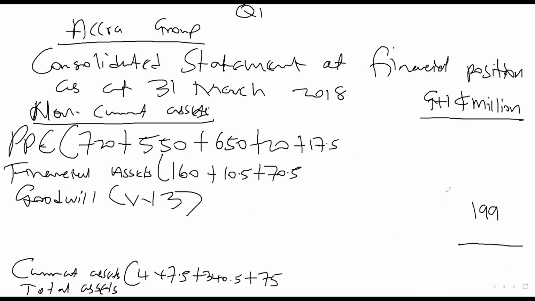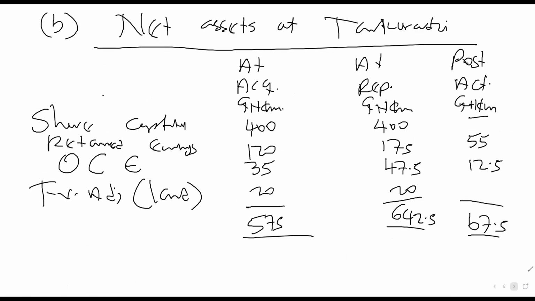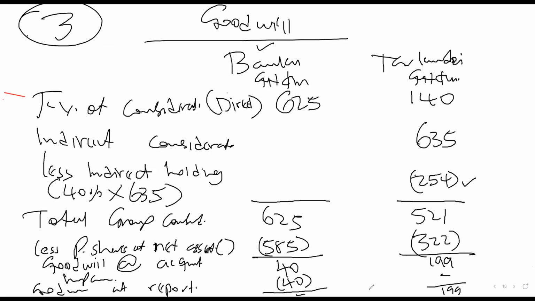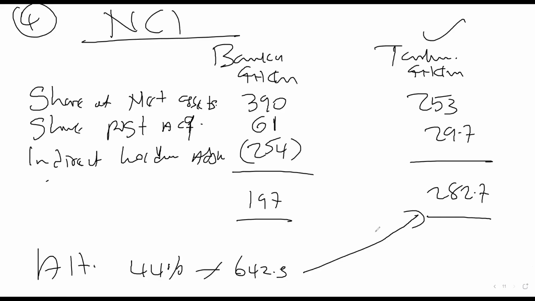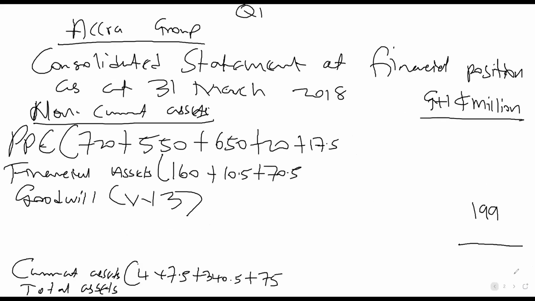What's 79.7? But please combine the NCI figure together for me. What's 79.7? If you add up 4, 79.7. Workings number 4, right?